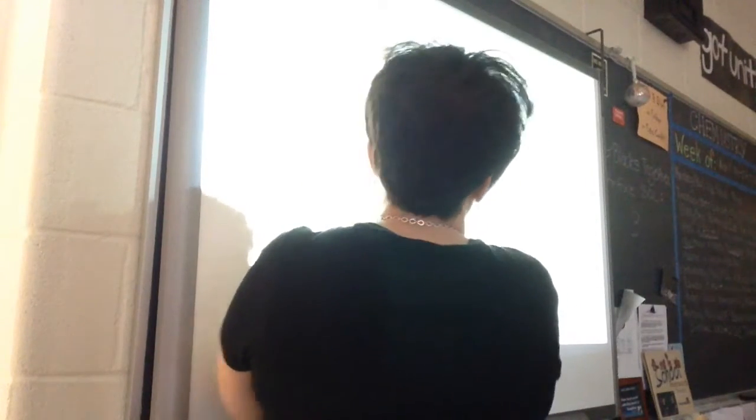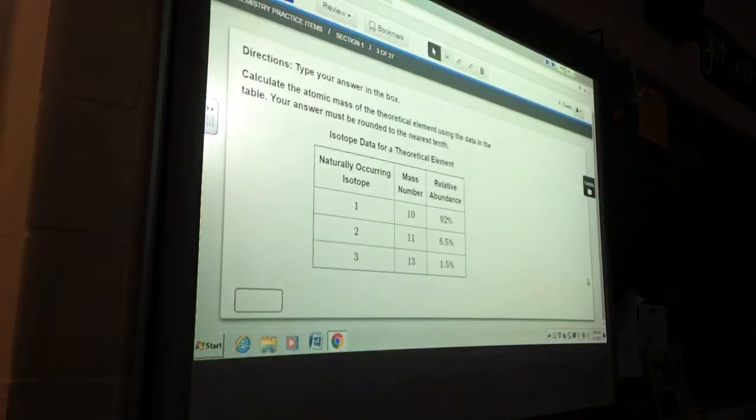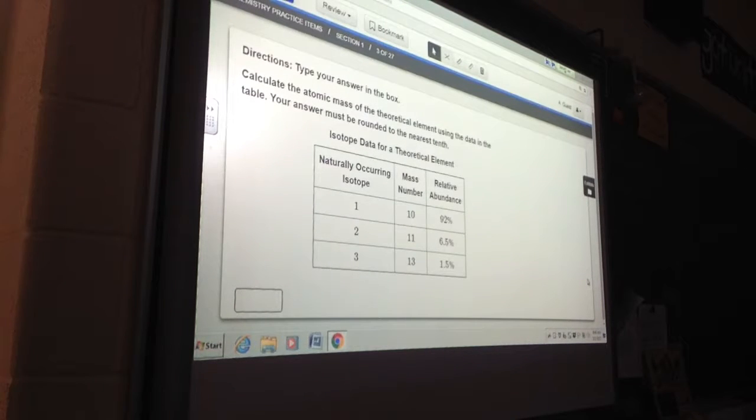You don't need all the rest of it, the nearest tenth and so on. You don't need isotope data. Just summarize this chart. And leave some space to do the math. It'll be about 3 lines or so underneath or to the side.